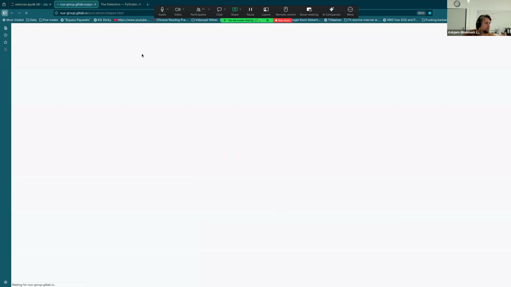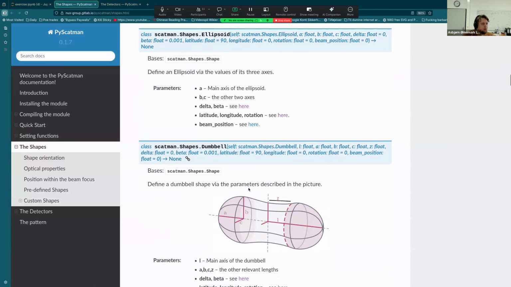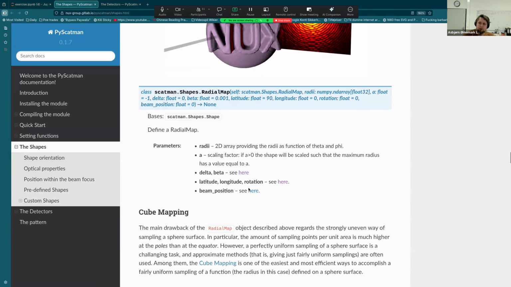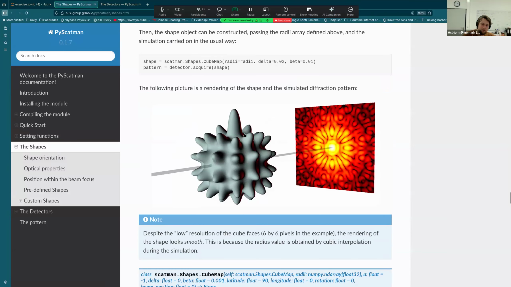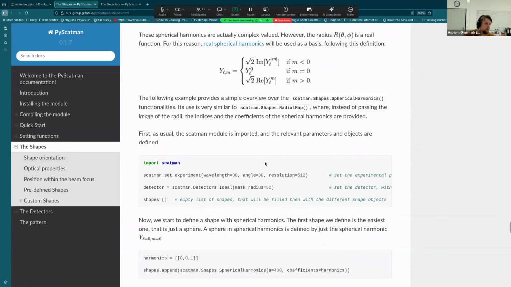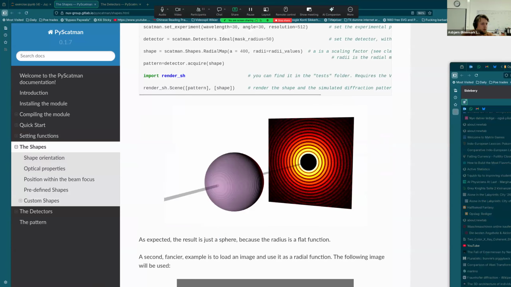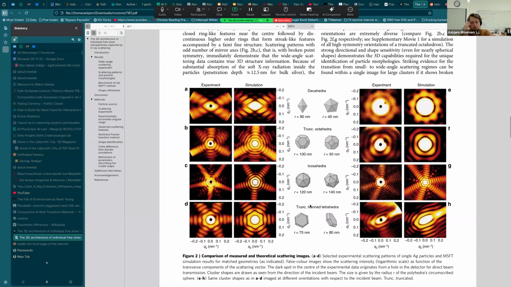There's a lot of different shapes, so I have a link here to the shapes part of the manual. What you will notice if you look through these is they're all very droplet oriented. They make wibbly wobbly shapes, and there's no simple way to make nanoparticles, which are crystals and have some sort of crystalline structure.